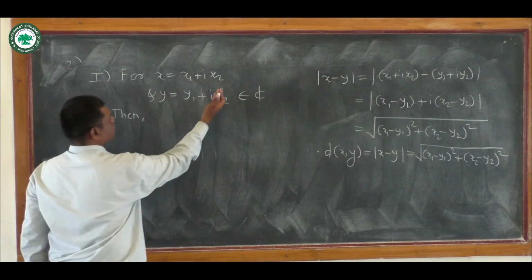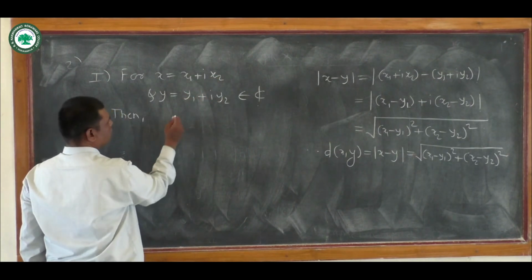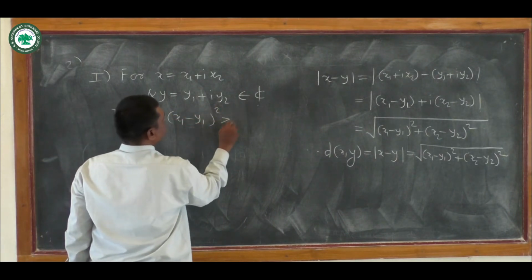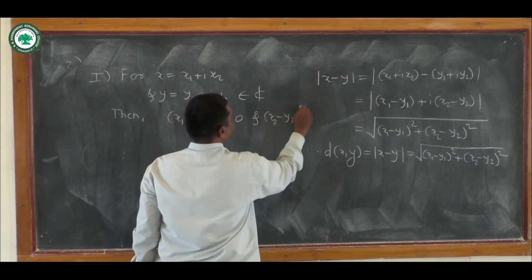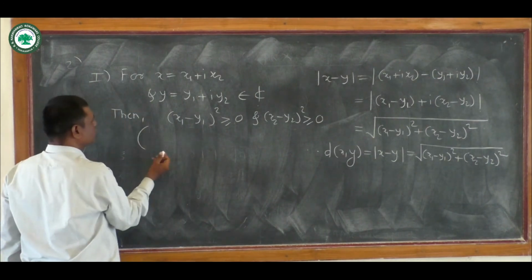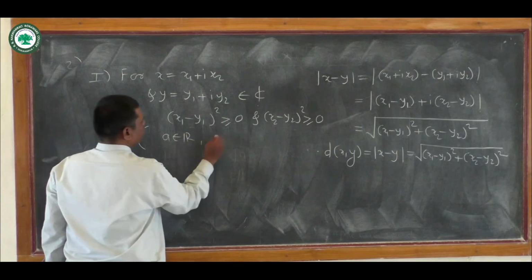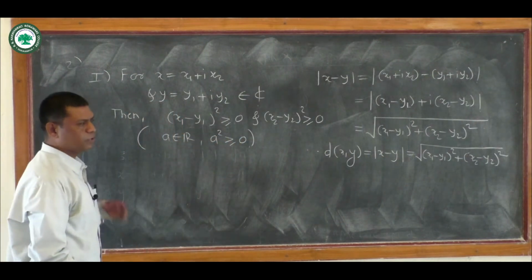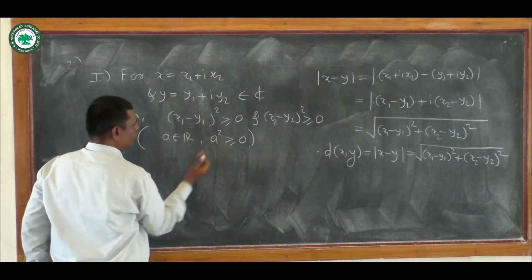Here x1, x2, y1, y2 are real numbers. So x1 minus y1 bracket square is greater than or equal to 0, and x2 minus y2 bracket square is always greater than or equal to 0, because we know that for any real number a, a square is always greater than or equal to 0, that is, the square of any real number is non-negative. So therefore we have this.